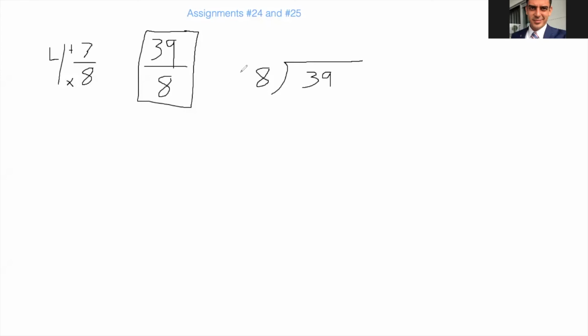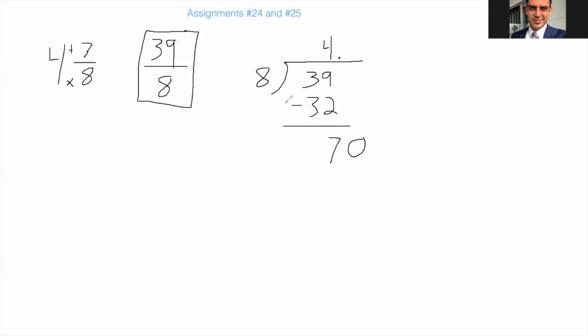So then you have to figure out how many times 8 goes into 39. So 8 goes into 39 4 times. So 4 times 8 is going to be 32. So then we subtract that. So 39 minus 32 is going to be 7. And then 8 doesn't go into 7, so we would have to add a 0 to that right there. And when we add that 0, then we put a decimal up here.